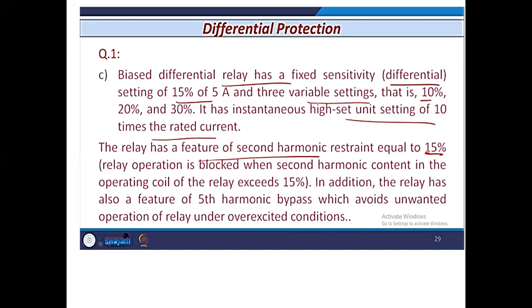You need to assume the ratio error of all the CTs, that is plus or minus 3%. That means the normal CT as well as the interposing current transformer, that is ICT.